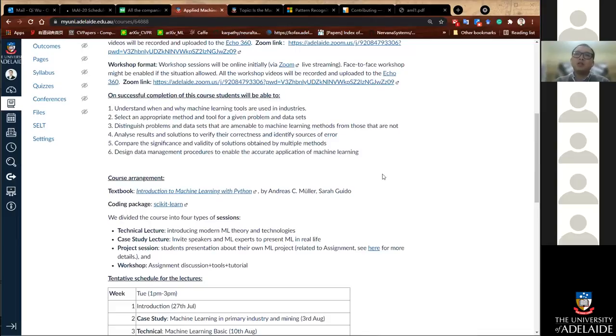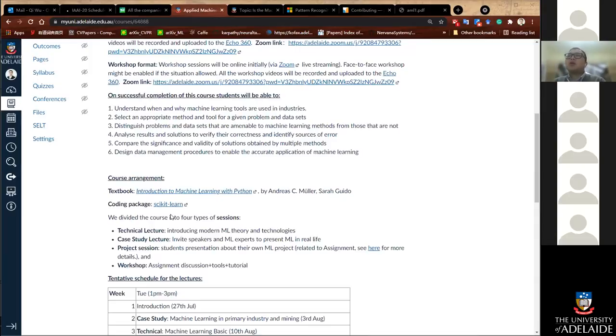Since you have no experience of implementing machine learning or Python, I suggest you read this book or check the package scikit-learn to try some simple algorithm like SVM. It's quite easy. We will introduce the SVM next week. It's basically a very simple linear or nonlinear classification algorithm. You have two kinds of data, and you want to separate them into two parts, so you can use SVM.